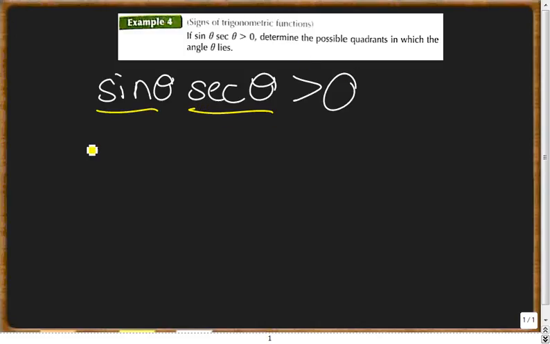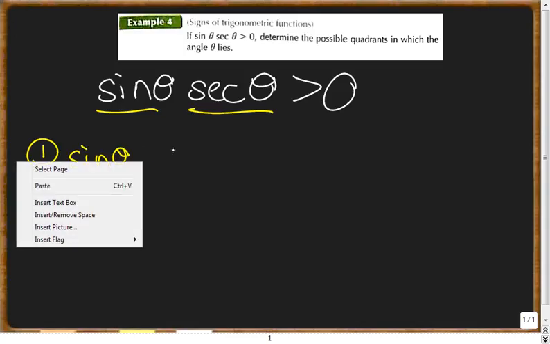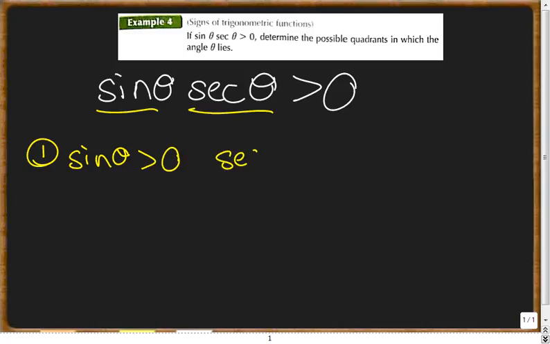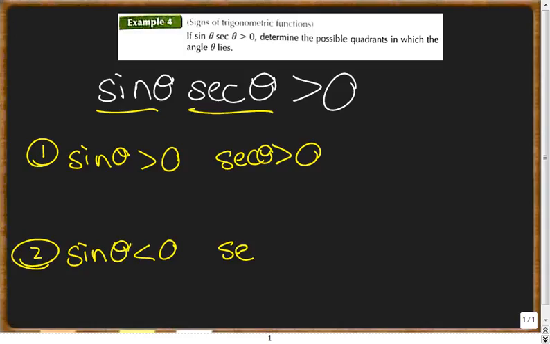Well, that means that we could have two different scenarios. We could say sine is greater than 0 and secant is greater than 0. Or sine could be less than 0 and secant could be less than 0, because a negative times a negative is positive, and so on and so forth.